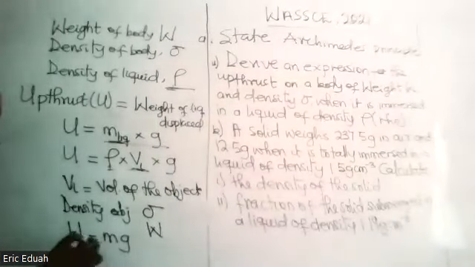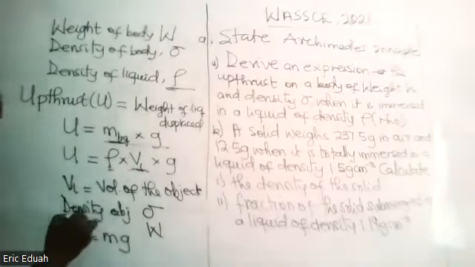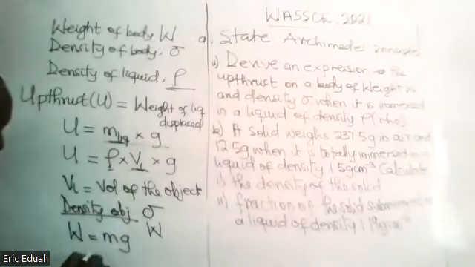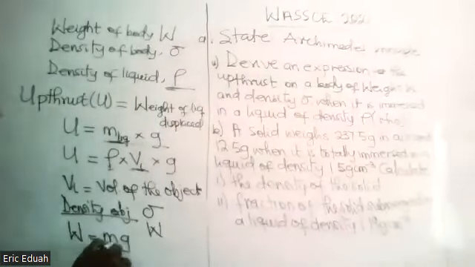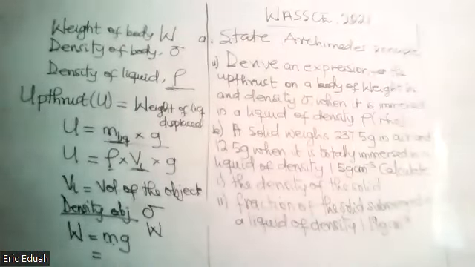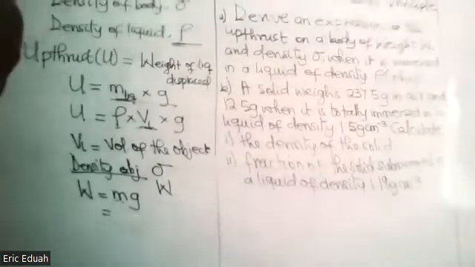Let us express the mass in terms of density and volume. Can somebody do that for me? I want us to express the mass of the object in terms of density and the volume.